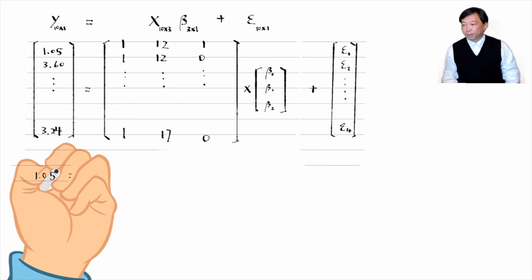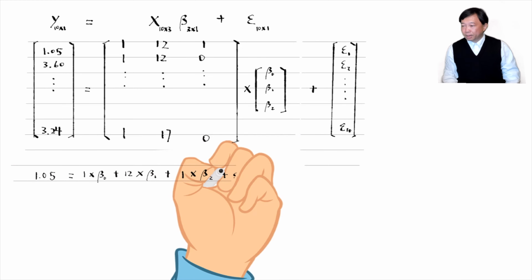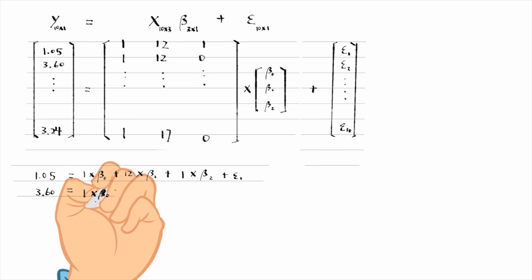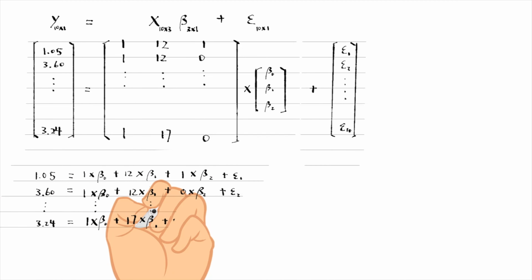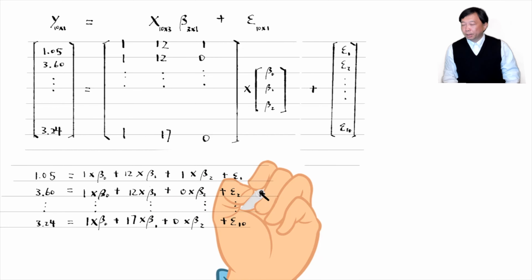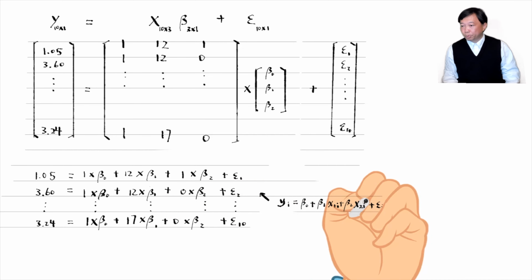If we write the matrix out, we find 10 observations. Each observation can be written as an individual observation form.